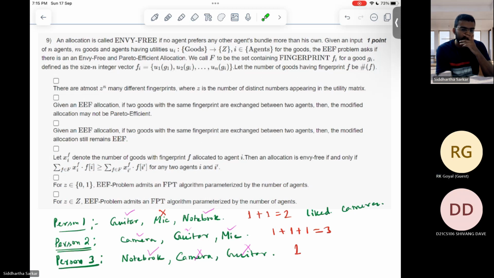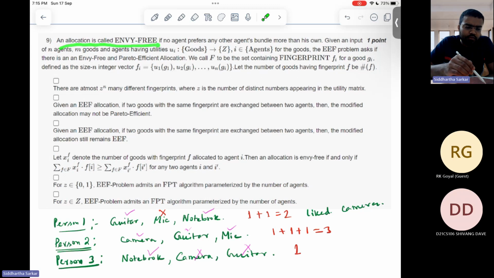Yes. So here, let's read the question once for being self-contained. An allocation is called NV-free if no agent prefers any other agent's bundle more than his own. Given an input of n agents, m goods, and agents having utilities ui. So for every good, an agent has a utility which is some integer, need not be 0 and 1. So that is a set of integers.